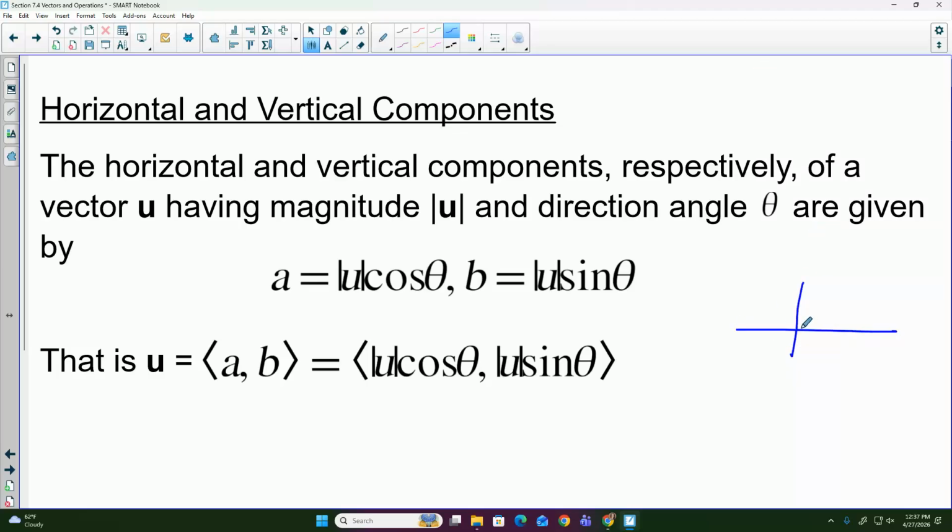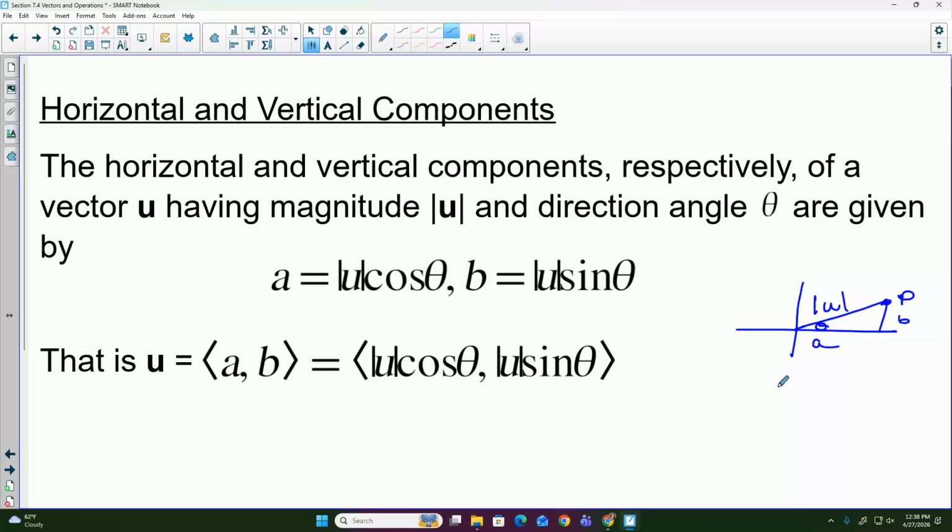If you were trying to find a certain point, this for my point that I was looking for here, that's my vector. And so I would have to be able to find these a and b values to get there, right? And so you could work backwards from sine and cosine. The hypotenuse is your magnitude side, the length of that.